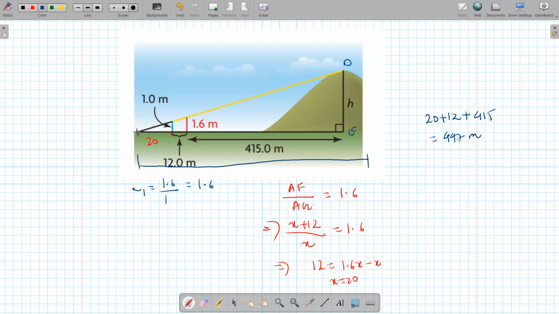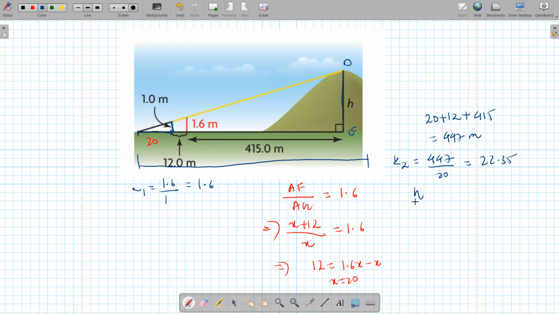We know the distance from here to here is 20. Therefore, your second scale factor is going to be 447 divided by 20. Yeah? 447 divided by 20, that's going to be 22.35. And we know this over this, the scale factor is going to be exactly the same because we just compared the base with the base, the height must be the same.